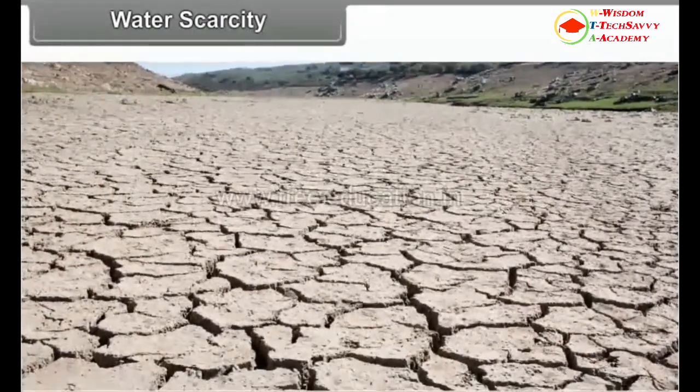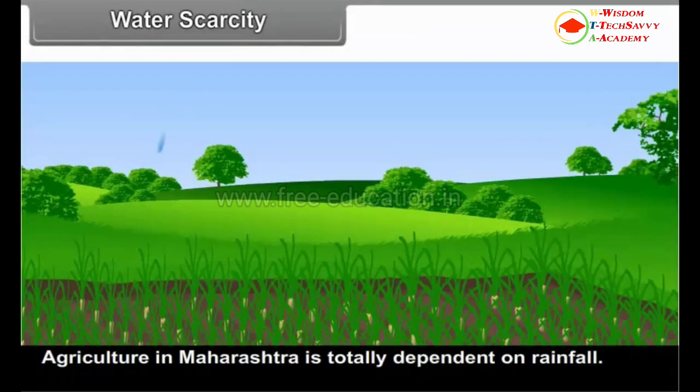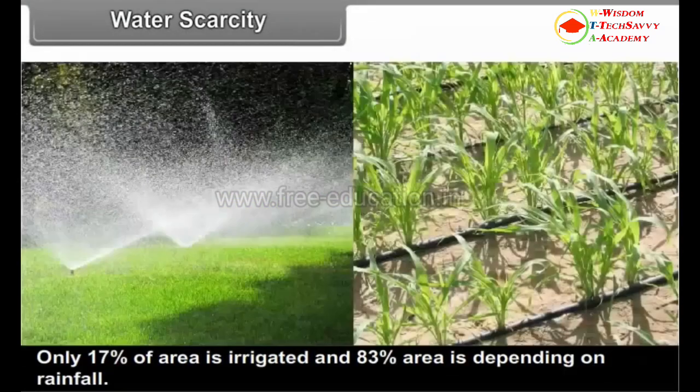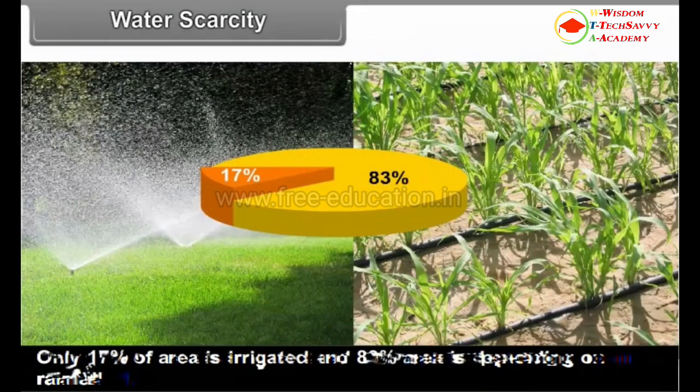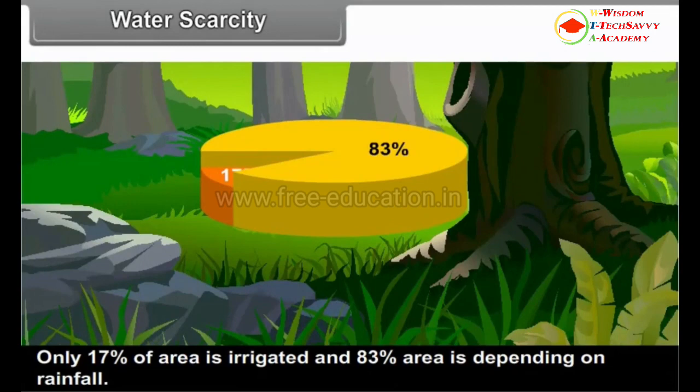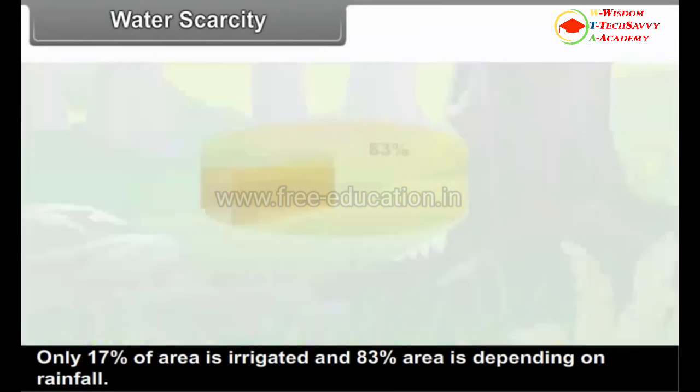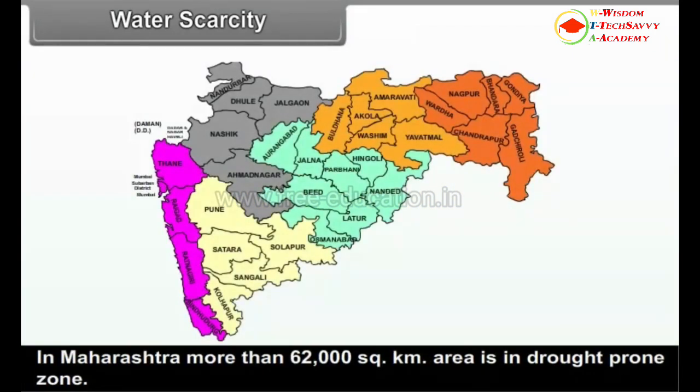Water scarcity. Agriculture in Maharashtra is totally dependent on rainfall. Only 17% of the area is irrigated and 83% of the area depends on rainfall. In Maharashtra, more than 62,000 square kilometers of area is a drought-prone zone.